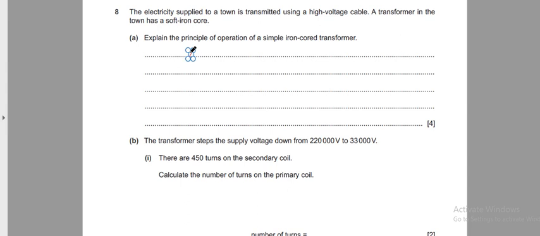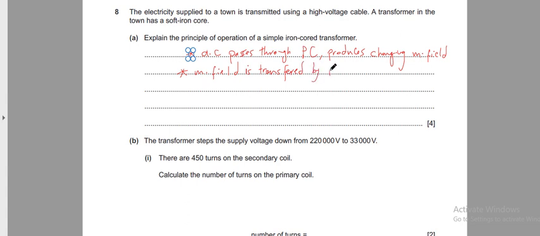It begins when alternating current passes through the primary coil. It produces a changing or alternating magnetic field. And this magnetic field is transferred by the iron core to the secondary coil.